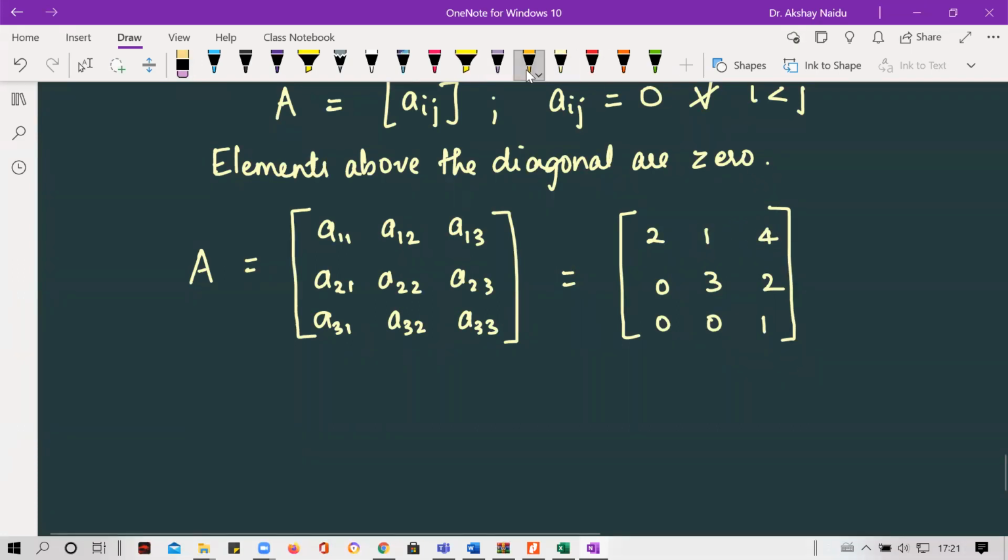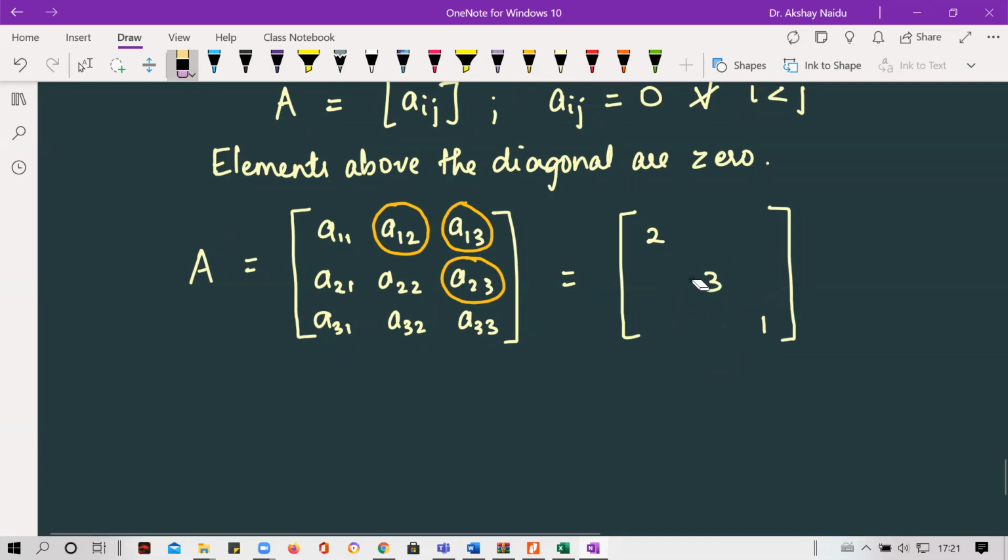So now i less than j happens for these elements. i is the first subscript, j is the second subscript. i is less than j for this.